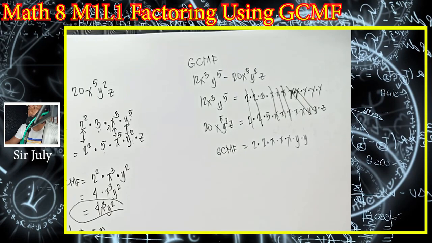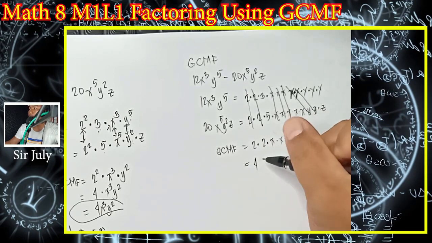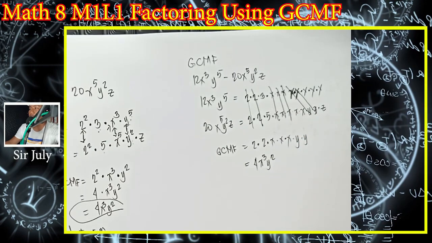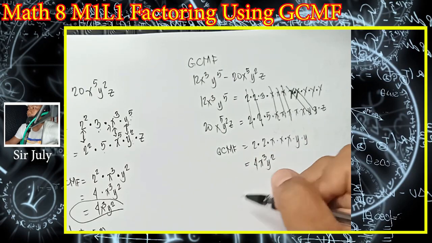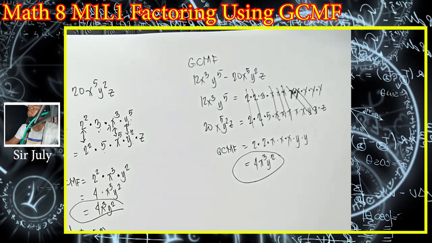So, and then simplify na natin. 2 times 2 is 4. X times x is x cubed. And then y times y is y squared. So yun na yung ating GCF or yung tinatawag natin GCMF. Ngayon, isulat natin into factored form.